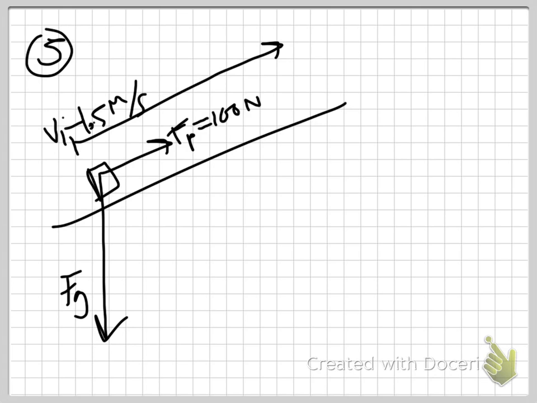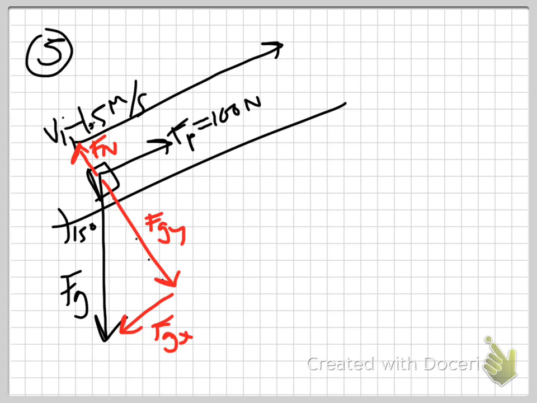We have Fg, and of course we have Fgy, Fgx. I'm drawing this not to scale at all. We have FN. The angle here is 15 degrees.